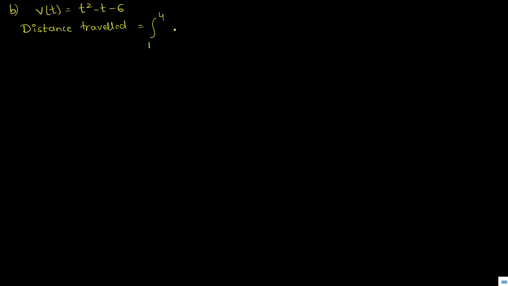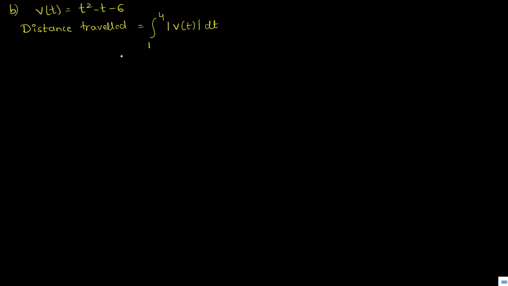But since distance traveled is always positive, we need to take the modulus of v of t, that is the absolute value of v of t. So there's a slight difference in finding displacement and distance traveled. When calculating distance traveled, since it should always be positive, we need to look at the points where the velocity can be negative as well.